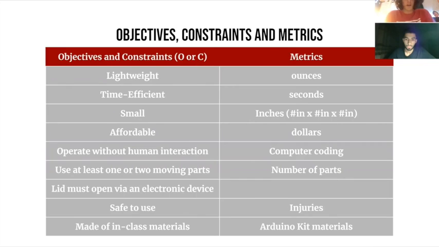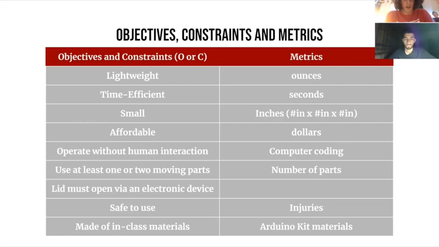This is the table of our objectives, constraints, and metrics. On the left side, we have our objectives and constraints, and there is supposed to be an O and C for each. To put it simply, the first four, lightweight, time efficient, small, and affordable, are all O's, so they're the objectives.